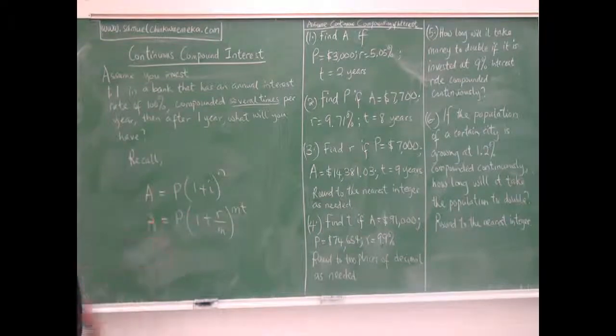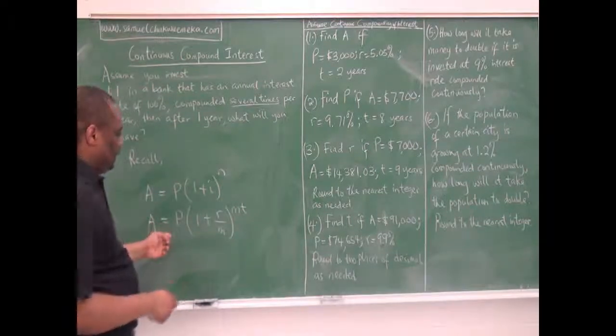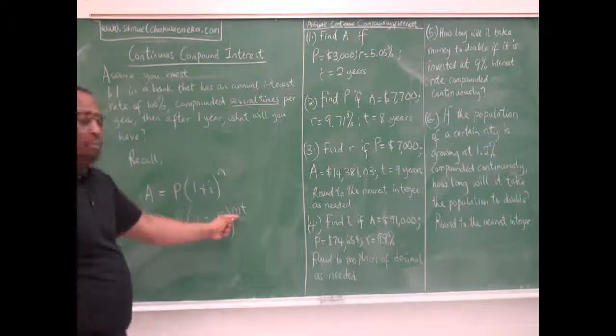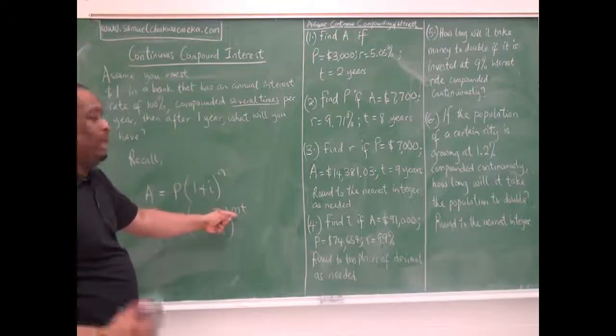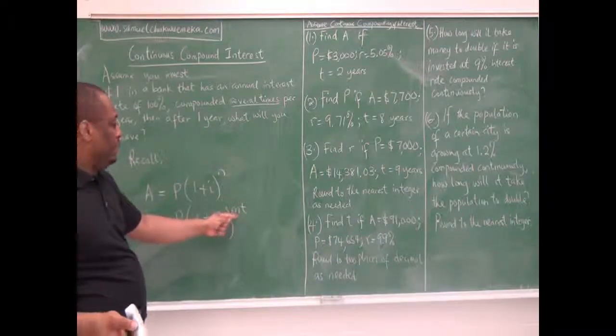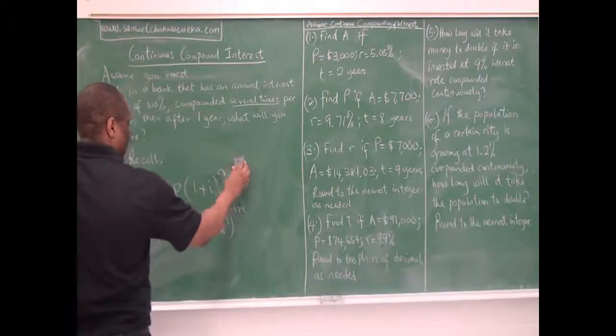We've defined all this, so look at the videos. Now we shall use this and see what we can get. Take note of m. m is the number of compounding periods per year. Let's now see what we can get.